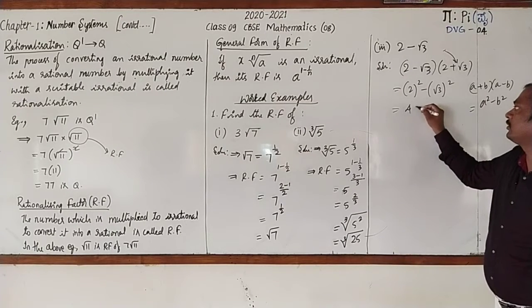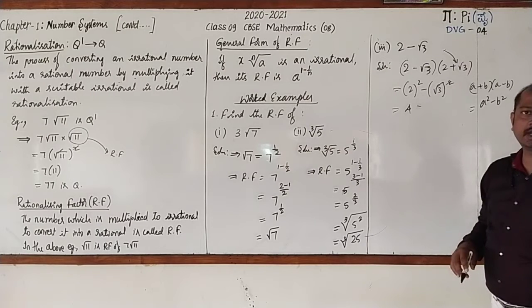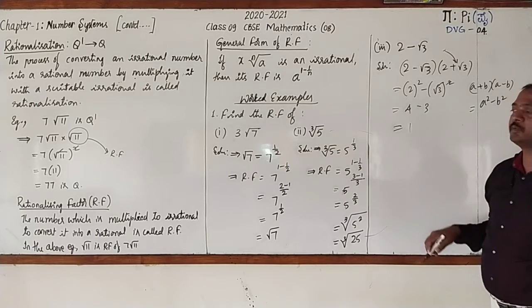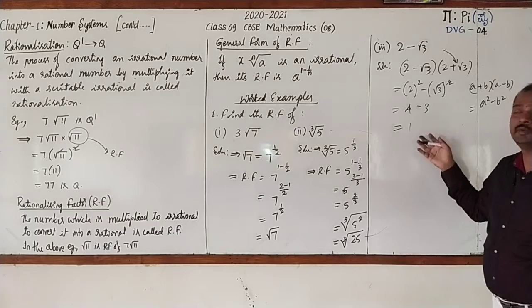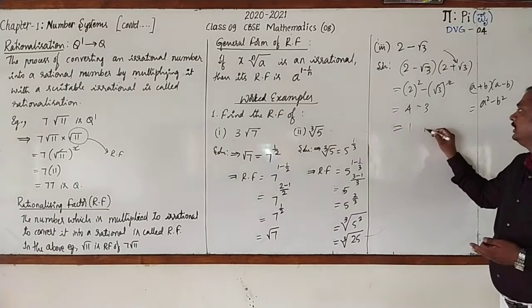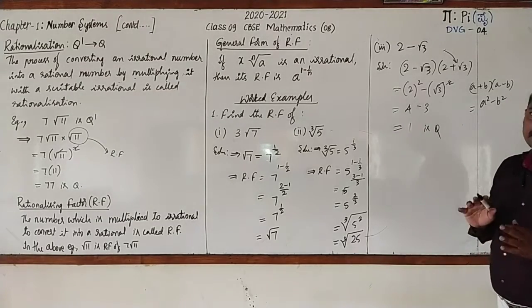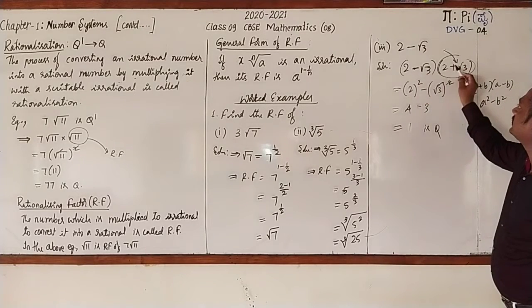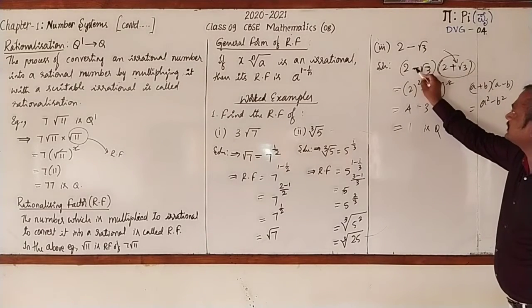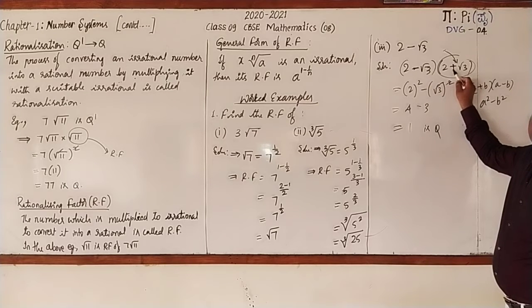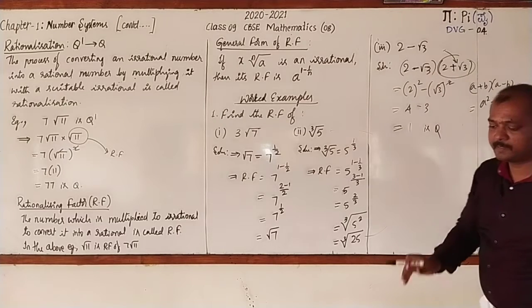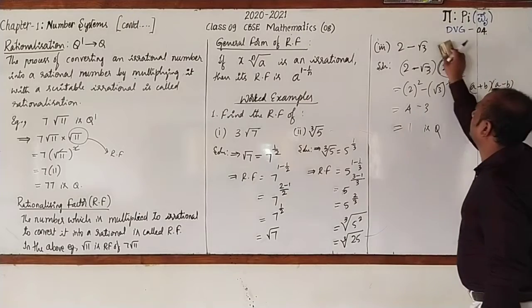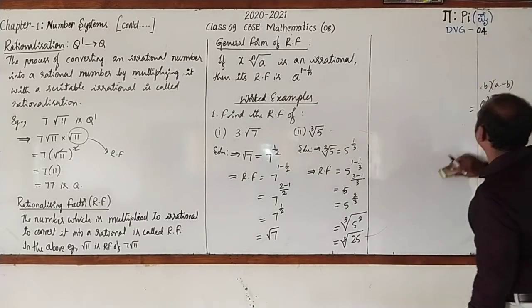What is 2 square? 4. Then square and root get cancelled. 4 minus 3, 1. Whether it is rational or irrational? It is rational. Clear? Therefore, just you are going to change the sign. If it is minus, you are going to write plus. If it is plus, you are going to write minus. Understood? Okay.